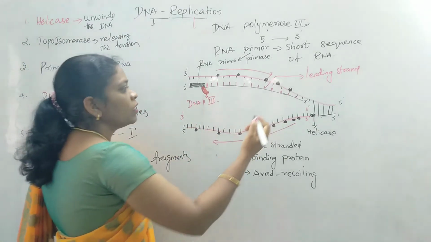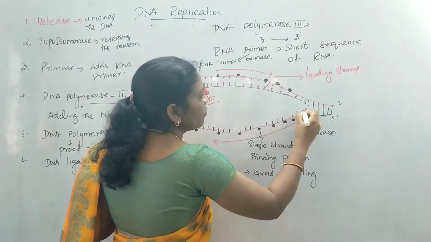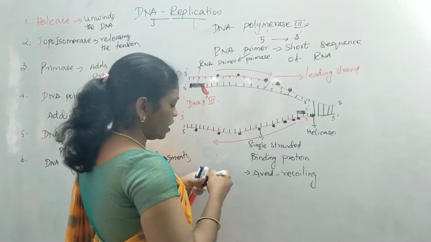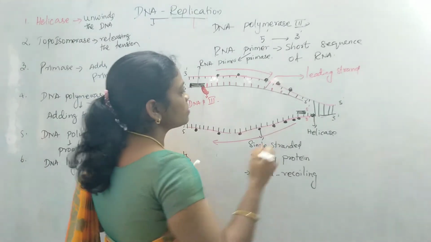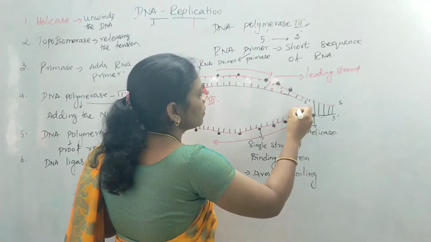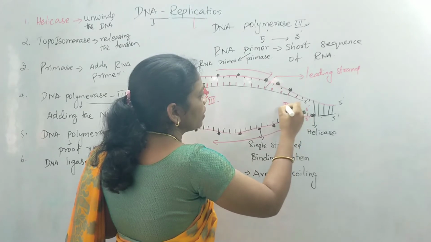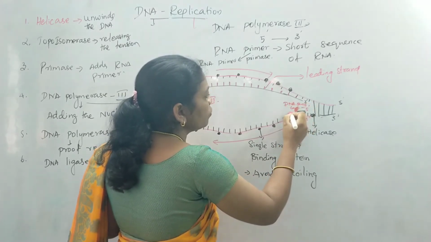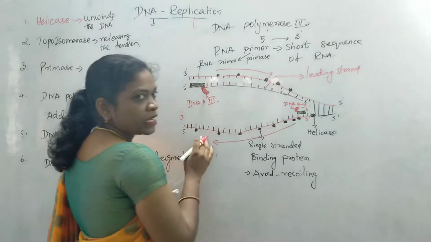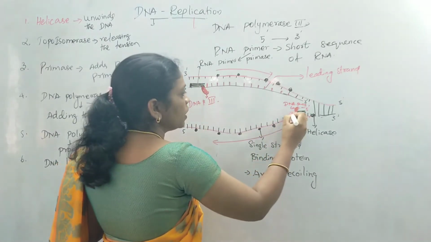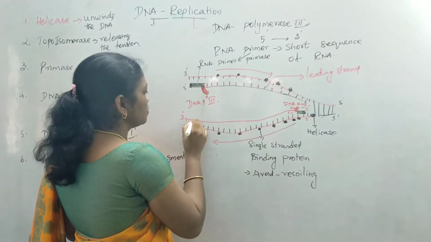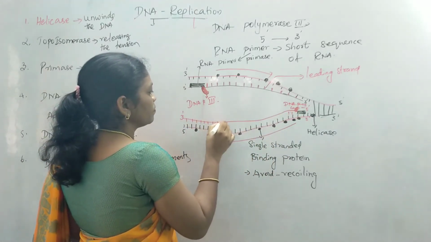So what happens here? Towards the 5' direction, you can find the RNA primer comes and attaches here, where DNA polymerase also comes and attaches here. DNA polymerase 3. And they start to add nucleotides towards the 3' end. So here the nucleotides are added to the daughter strand.